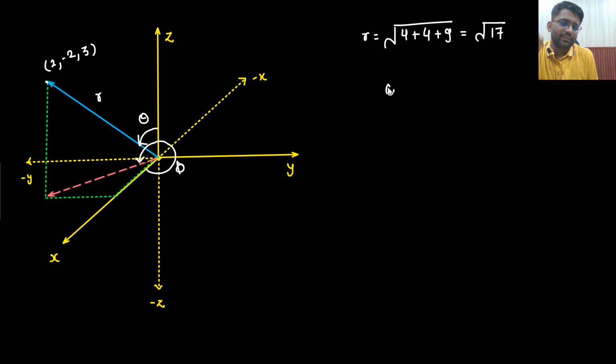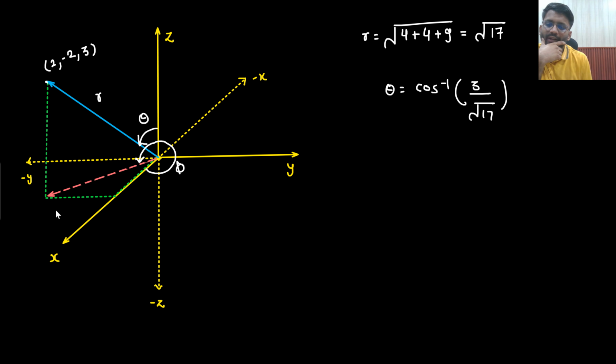What will be the theta value? Theta value will be cos inverse z by r. What is the value of z? Z value is 3 divided by r, that is under root 17. Right? What will be the value of phi? For finding out the value of phi, how much is this distance? In the direction of y I am working 2, here also I am working 2.